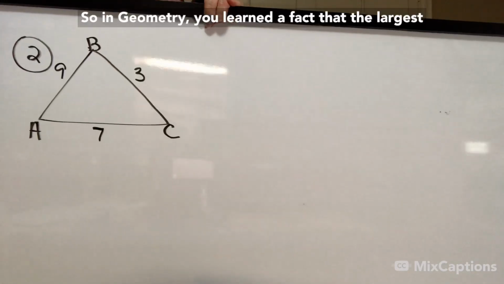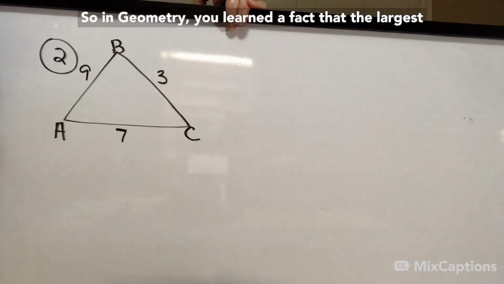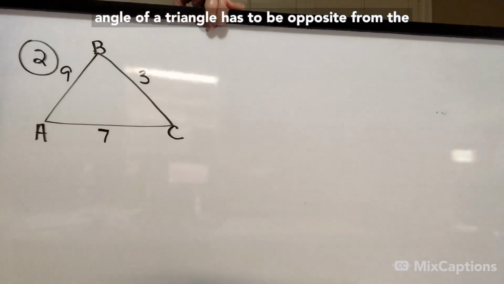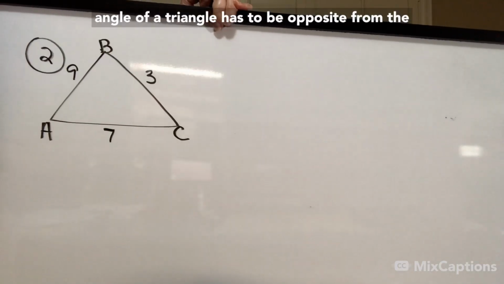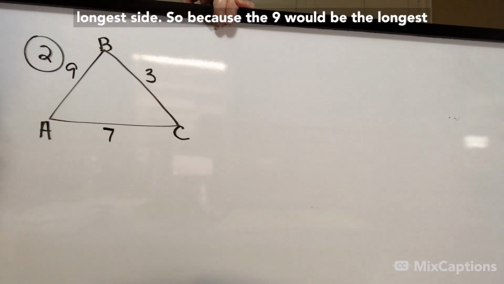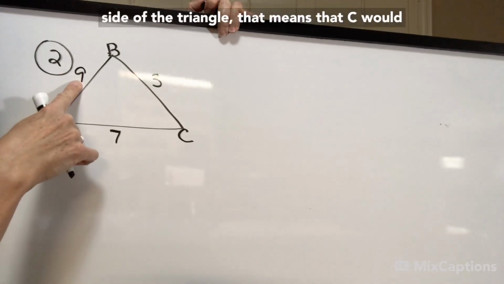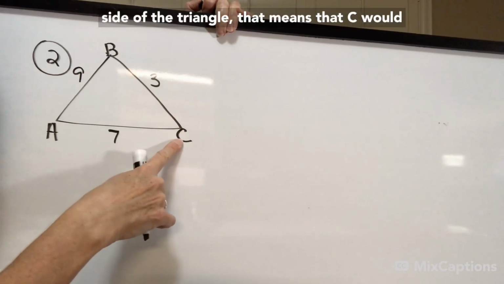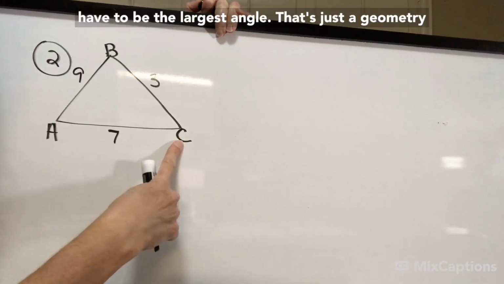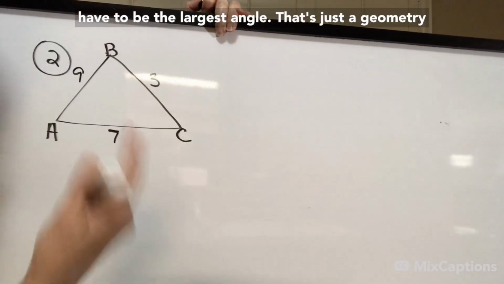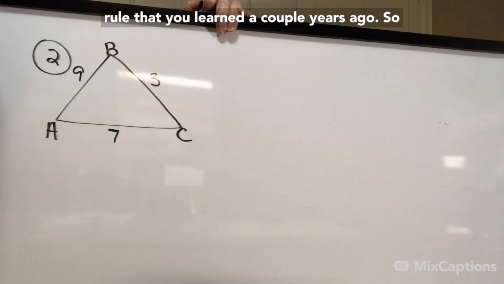In geometry, you learned that the largest angle of a triangle has to be opposite the longest side. Because the 9 is the longest side in the triangle, that means C has to be the largest angle. That's just a geometry rule that you learned a couple years ago.